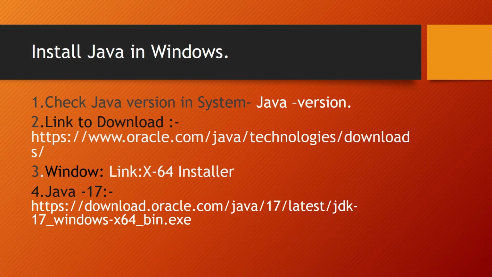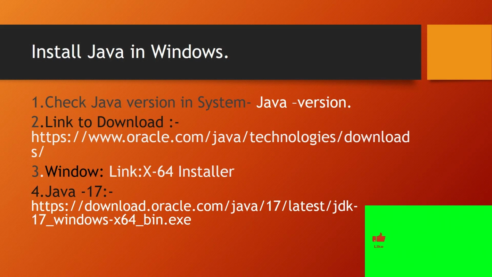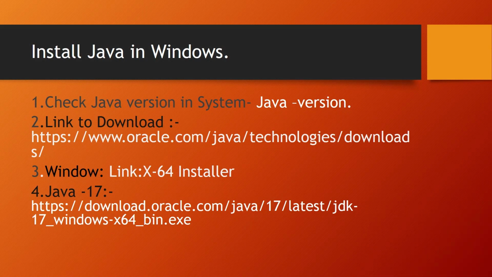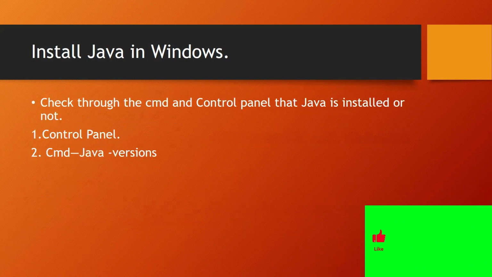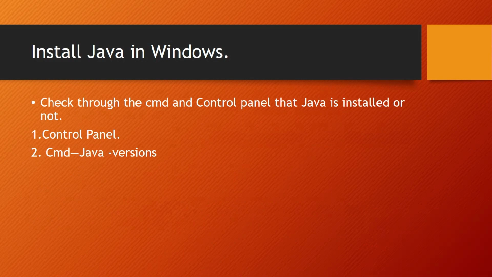In case no version is showing there, then we can start downloading. I will enter this link in the description. You can get it there and download the version as per your system configuration. And we have seen how we can check that Java is already installed. If it's not, then you can check through the control panel or the command version.